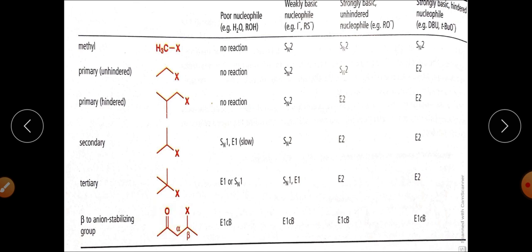So here is the anion stabilizing group, right? So when it is stabilizing the anion, the E1CB reaction will be favored in this case.